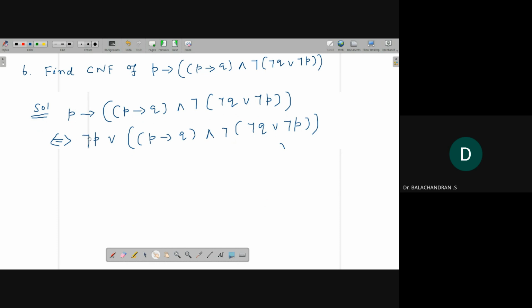So first line, P implies Q is what? Negation P or Q, and this is equivalent to negation P or P implies Q. Again we'll write what? Negation P or Q, and then De Morgan's law, Q and P.